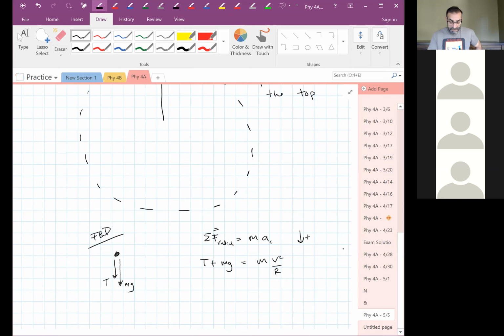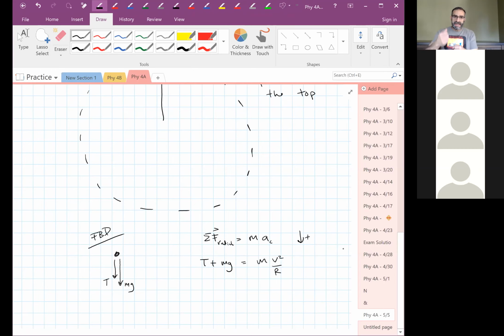So in this case, we can think about it in the opposite direction, right? Because it takes speed to keep this thing moving in a circle. So let's think about what if v was really, really big? We had this thing whipping around really fast in a circle. Well, the force of gravity is nowhere near strong enough to keep it moving in a circular path. It would go flying off somewhere, right?